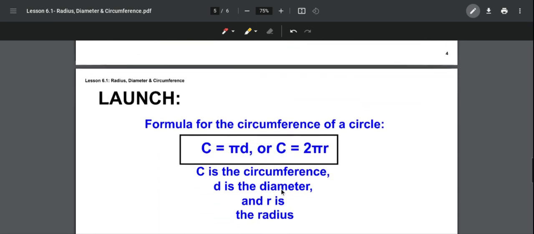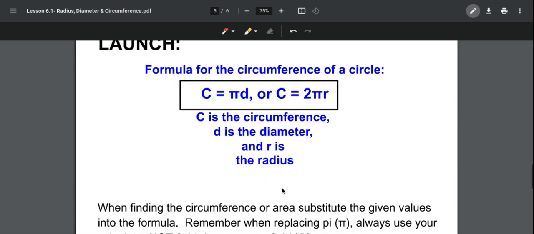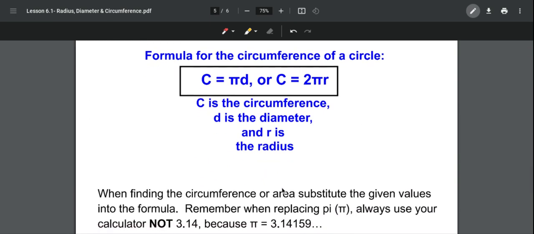We have a special formula that we use to find the circumference of the circle. The formula is circumference is equal to pi times diameter, or as we just learned, double the radius times pi, because double the radius is the same as your diameter.